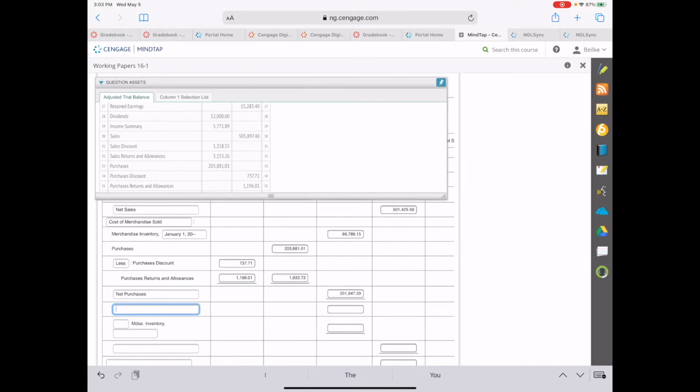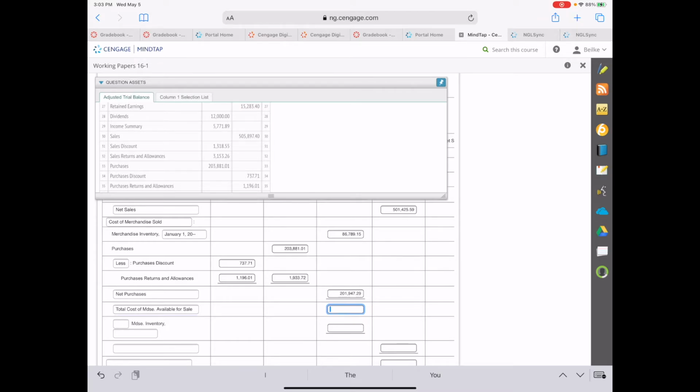After our net purchases, we come up with the total cost of merchandise available for sale. Okay, so to figure out our total cost of merchandise available for sale, we're going to take our beginning inventory plus all of the purchases.